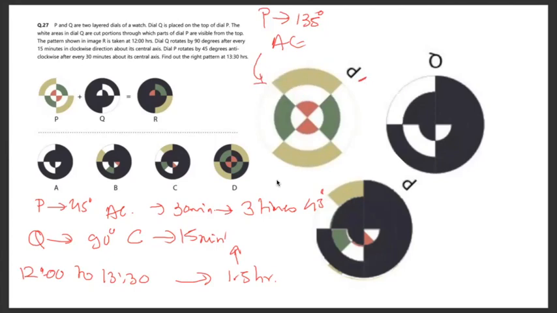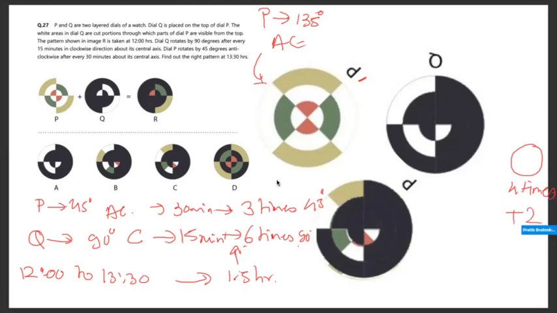And Q, in 1.5 hours, will be rotating 6 times 90 degrees. To complete a full circle there will be 4 rotations. It has to rotate 4 times.